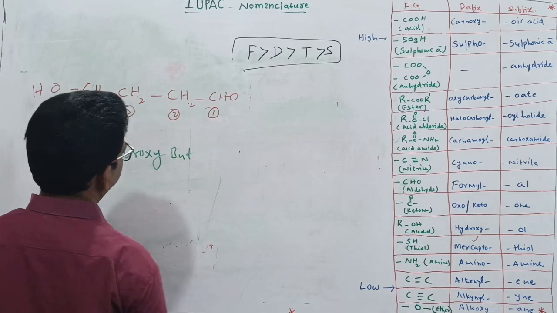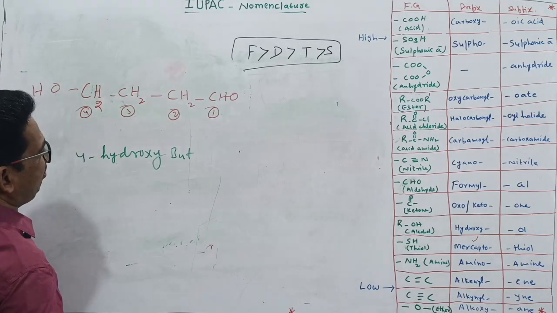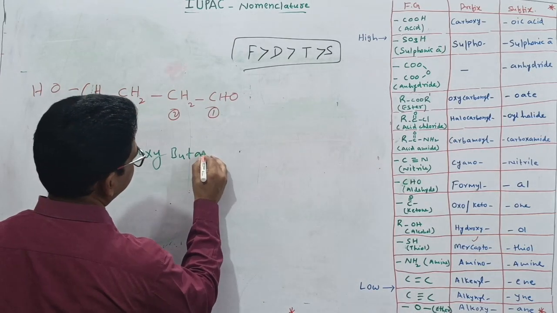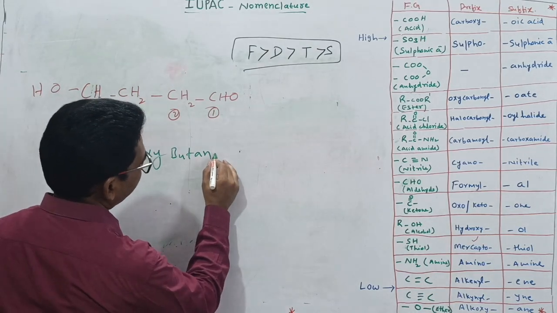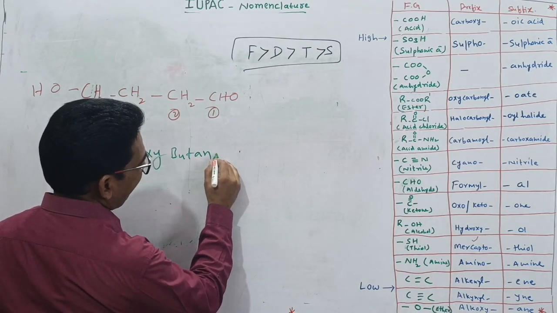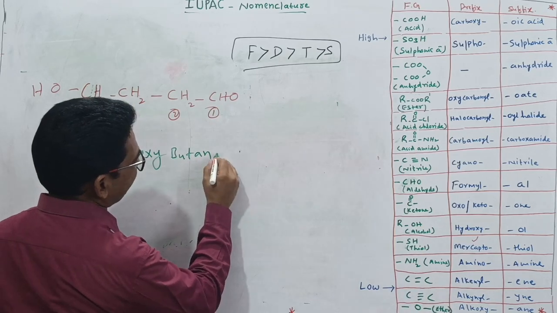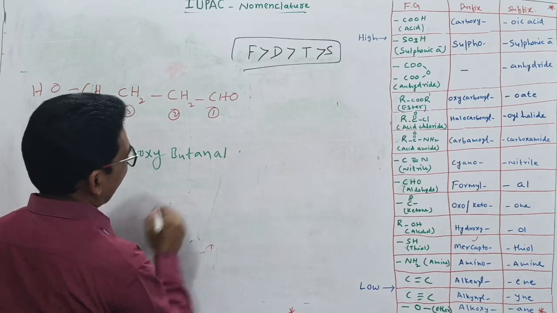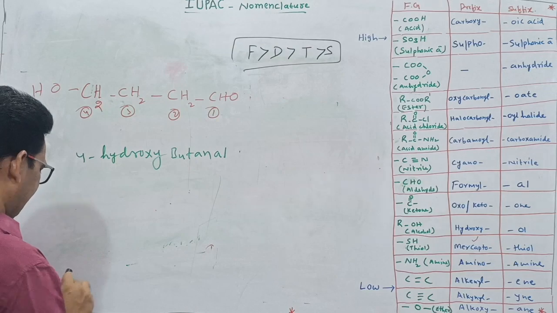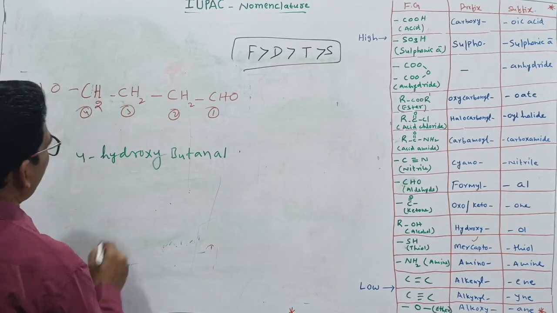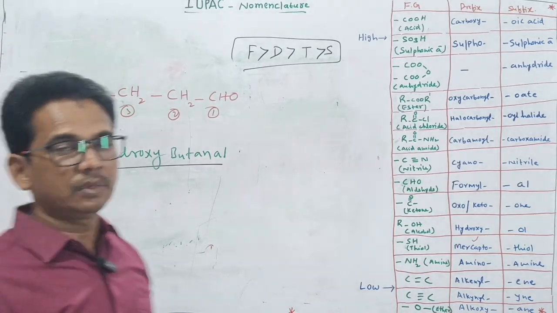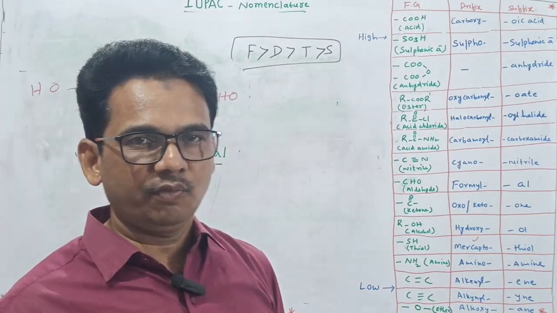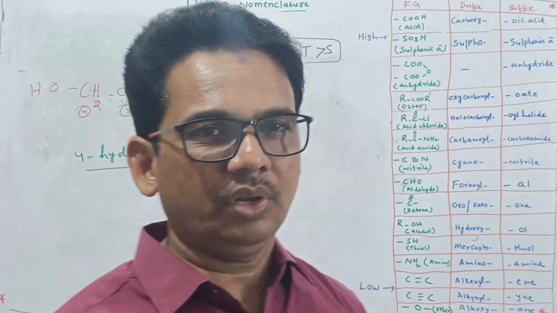But. 4 hydroxy butane. Okay, butane. माइनस E निकाल दिया हूं butane में से. क्या डालना है? Al डालना है. Then what is the name for this one? 4 hydroxy butanal. नेम क्या है? 4 hydroxy butanal.